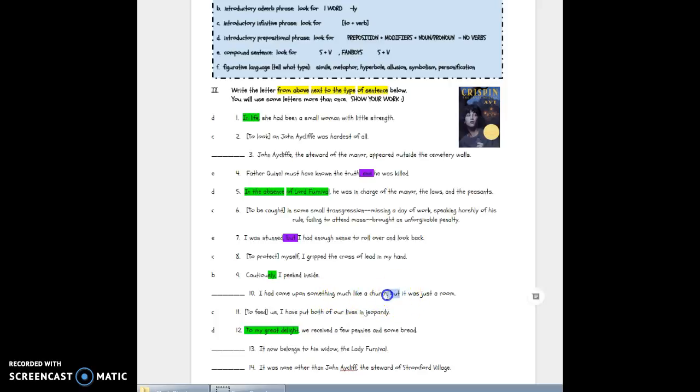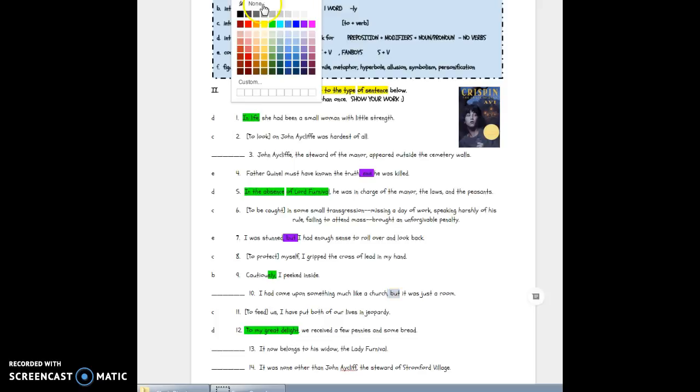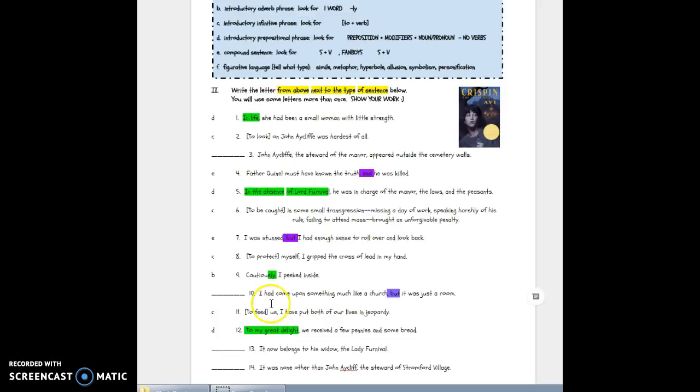I see a comma fanboy. I want to see, is there a subject and a verb on this side? I had. And then a subject and verb on the other side, it was. So that looks like a compound sentence to me. I see comma the and comma the again. And the is not one of our fanboys because the reason we say fanboys is because it has the first letter of each of them.